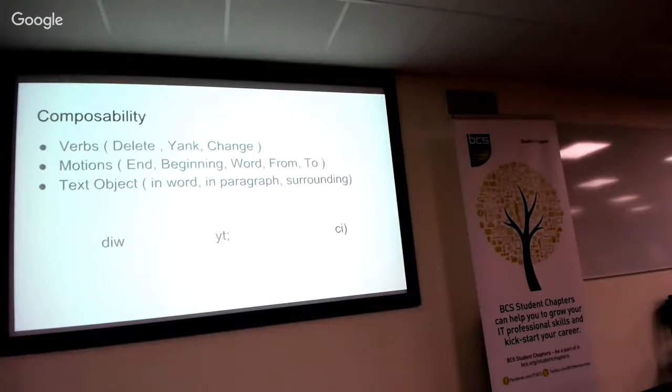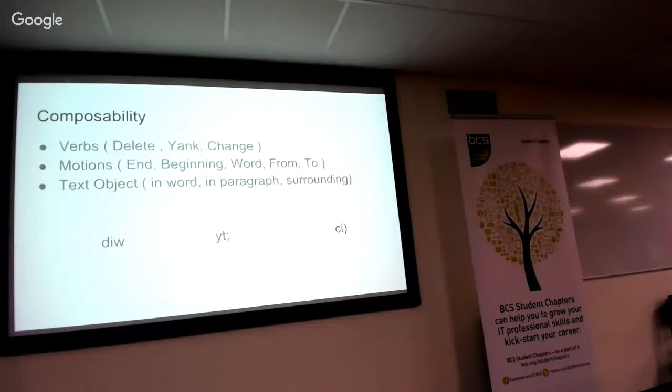The way that Vim differs from your average editor is that it's aimed at editing. It's not aimed at entering text, it's aimed at editing text, which if you're a programmer or a journalist or someone that writes a lot, is what you're doing a lot of the time. It's rare that you're writing a whole source file from scratch. So the idea is we get verbs, motions, and text objects, and then we can compose them together in a language.